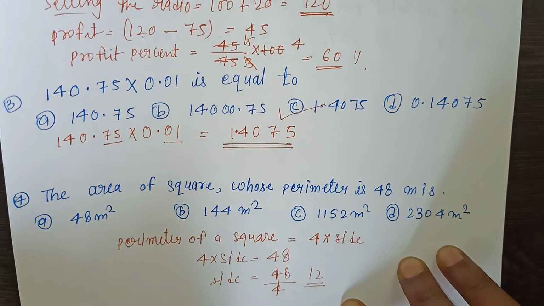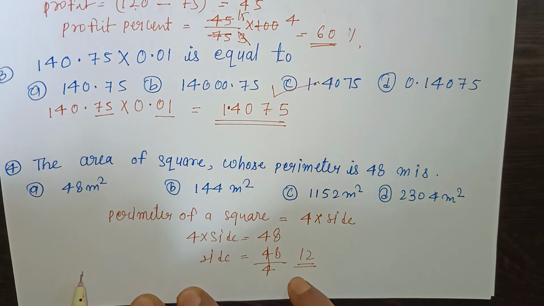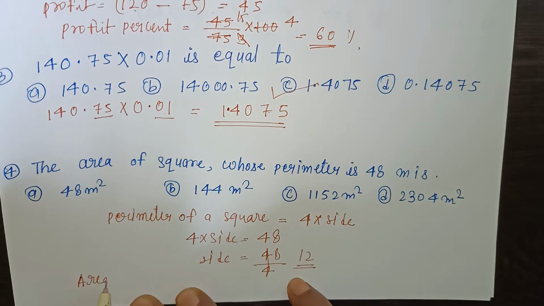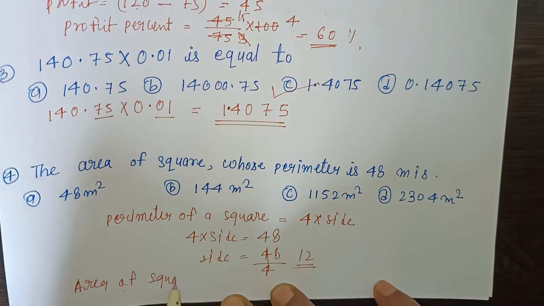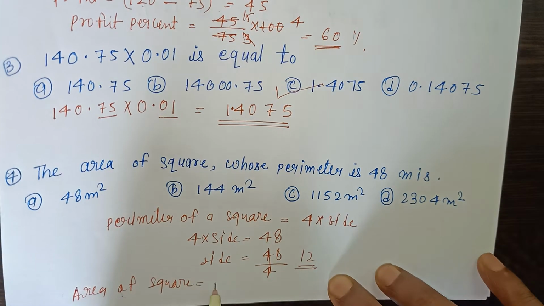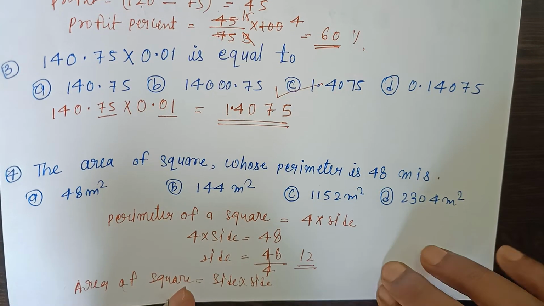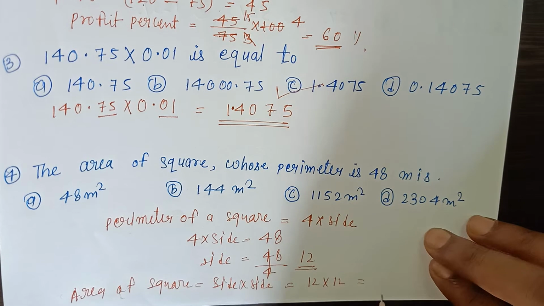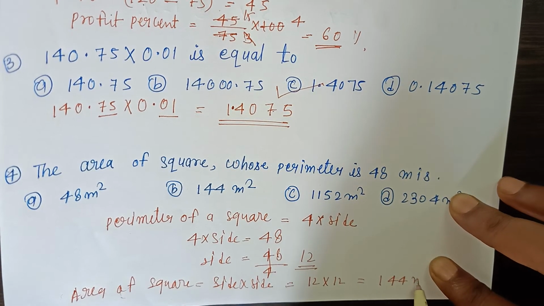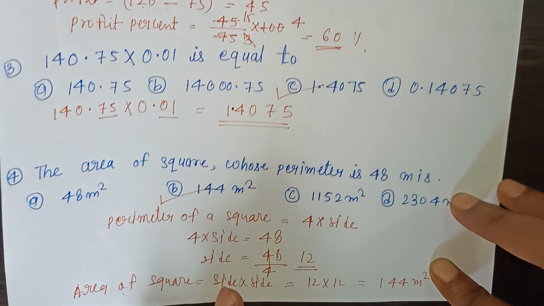And we know very well, area of a square is side into side, so 12 multiply 12 is equal to 144 meter square. So option number B is correct.